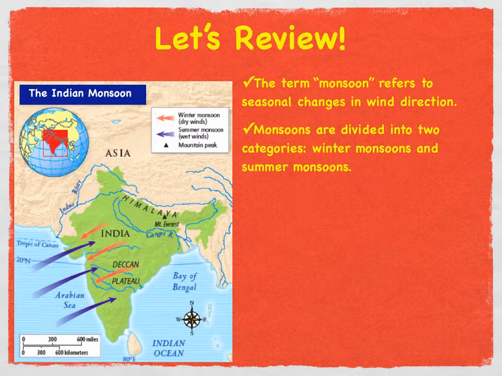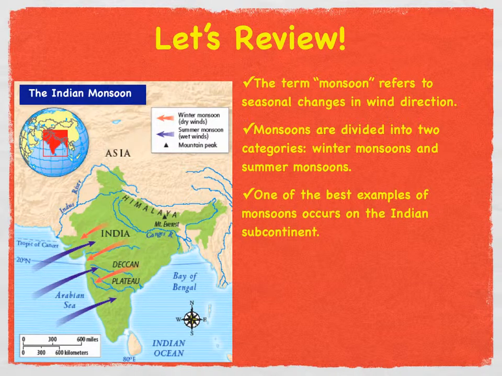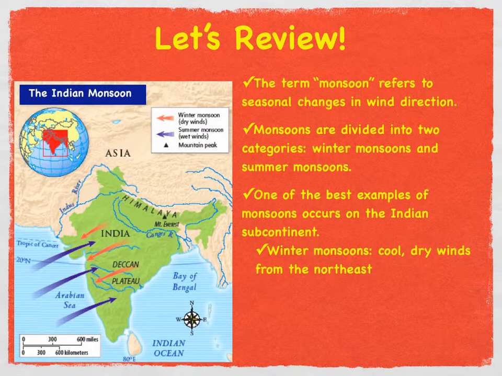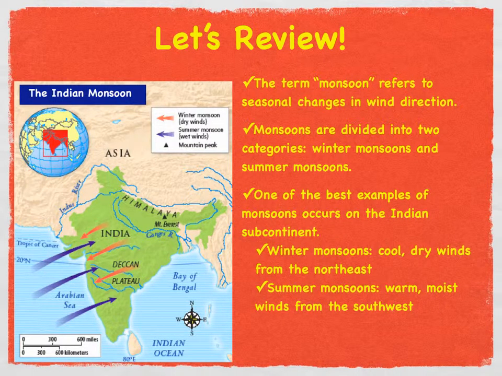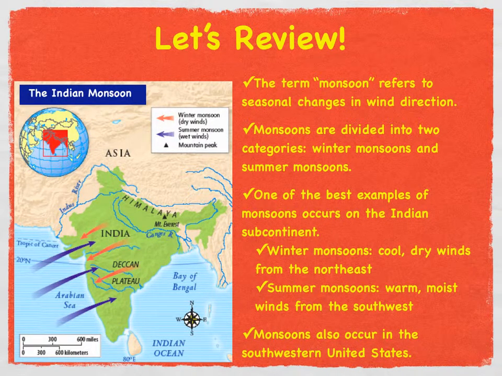One of the best examples of monsoons is found on the Indian subcontinent, where the winter monsoon is characterized by northeast winds and dry, cool weather, and summer monsoons are characterized by southwest winds and warm, rainy weather. Monsoons also take place in other parts of the world, including the southwestern United States and northern Mexico.